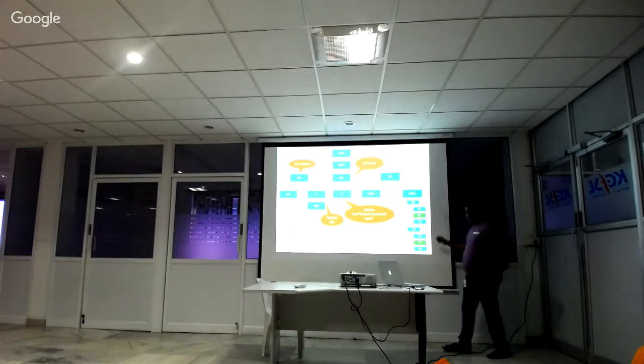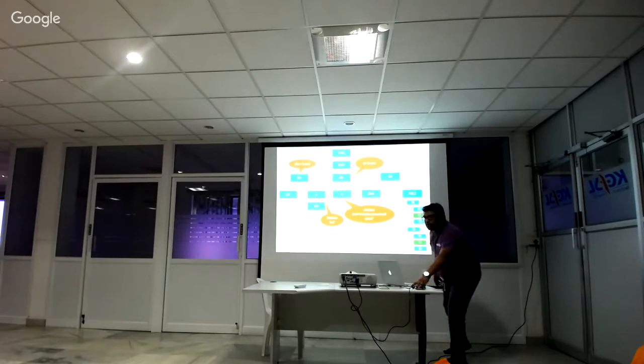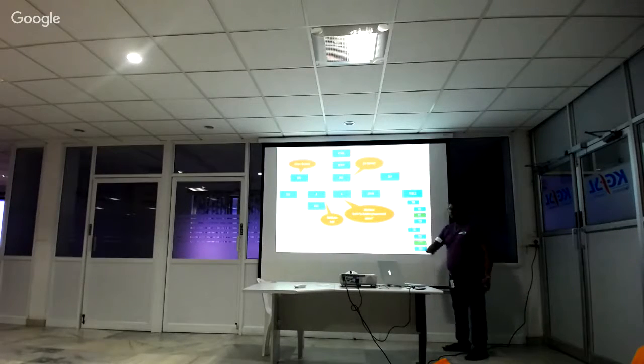Question: if I want to identify only this key, is it recommended to give the index there? Yes, if you want to specifically identify this element and you don't have any other attribute, then you have to do this.